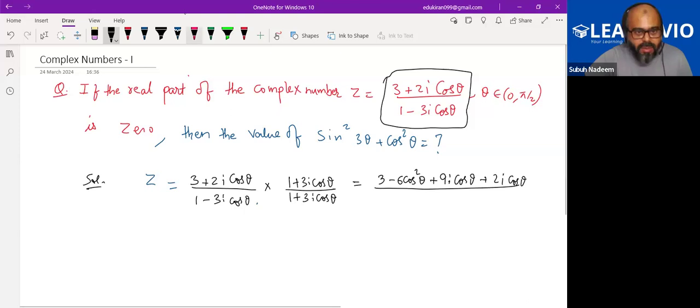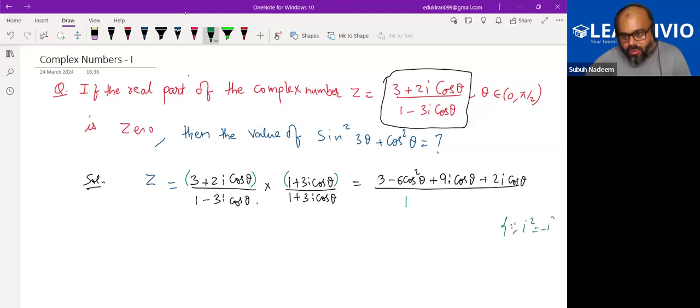So we have multiplied this complex number term by term: 3 into 1, then 2i cos theta into 3i cos theta, and then the other parts. Now in the denominator, it will be 1 minus 9i square. We know that iota square is equal to minus 1, so it will become plus 9 cos square theta. So first write till here.